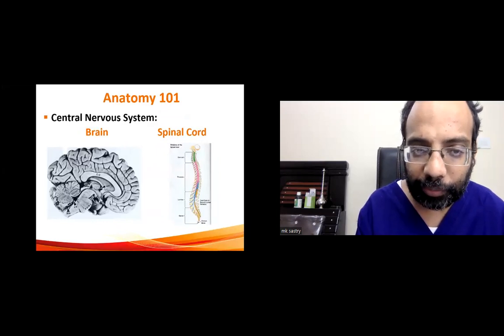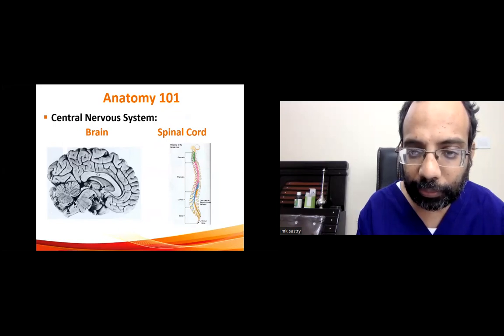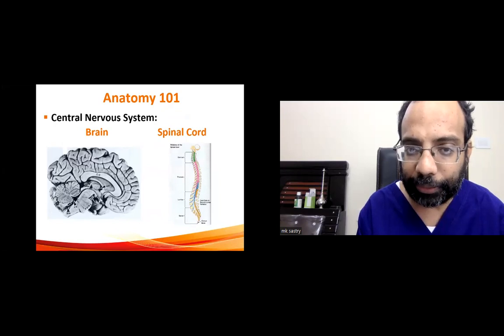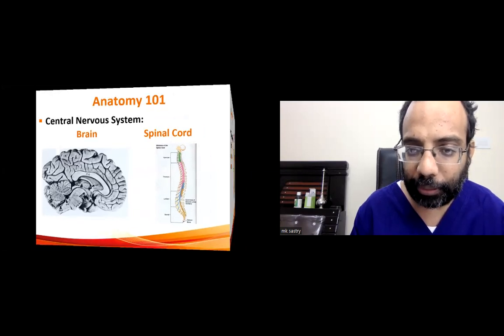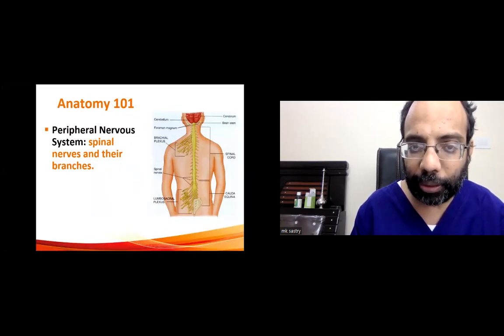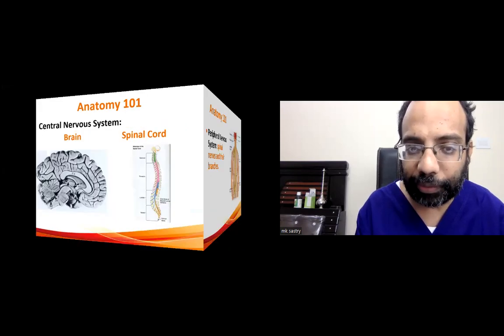This is the central nervous system, coronal section. This is the spinal cord connecting to the brain stem. Cervical, dorsal, lumbar, and this one. This is the peripheral nervous system.